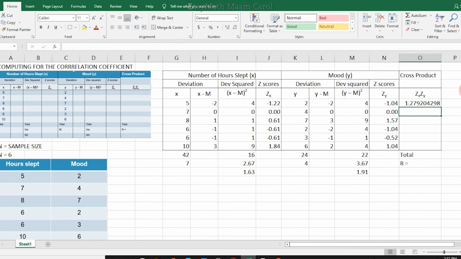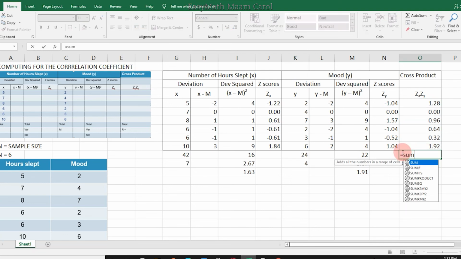And enter. So, let's just make everything 2 decimal places. And then, let's just get the total. This one.